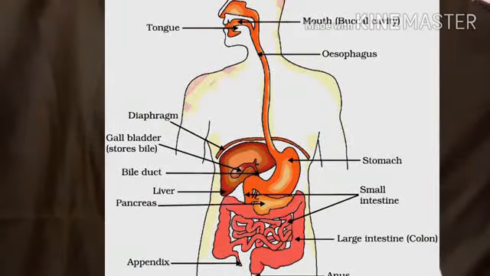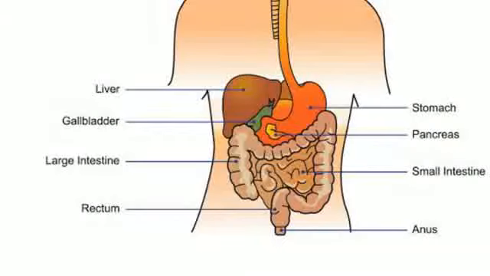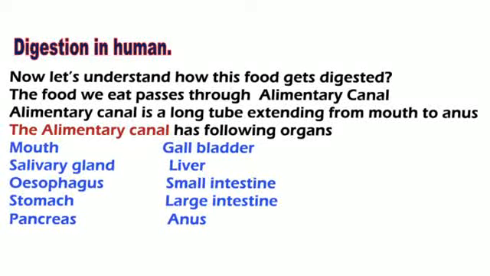The alimentary canal starts from the mouth and goes to the anus. It's a long tube. So what's included in the alimentary canal in which food is getting digested? It involves the mouth, then the salivary glands, then the esophagus. It's a food pipe which transfers food from mouth to stomach.